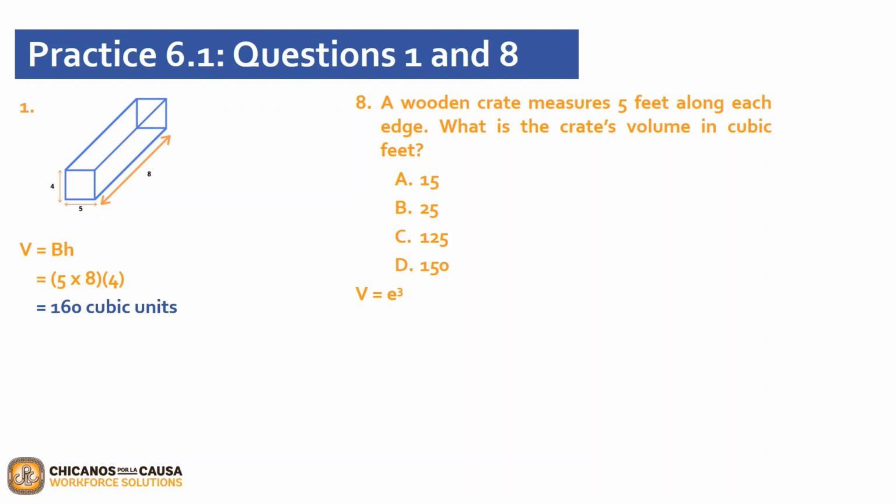Let's replace the variables with the value that's being given. It's telling us that each edge is 5 feet. So let's replace it with 5 feet. And when we take 5 to the 3rd power, we get 125 cubic feet.